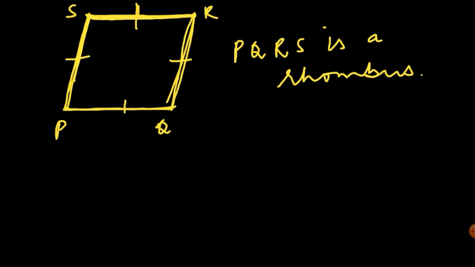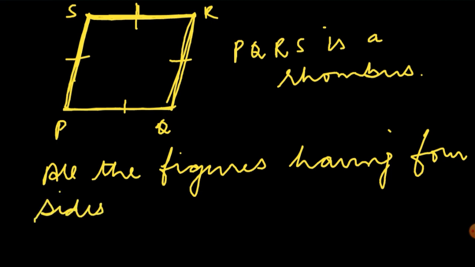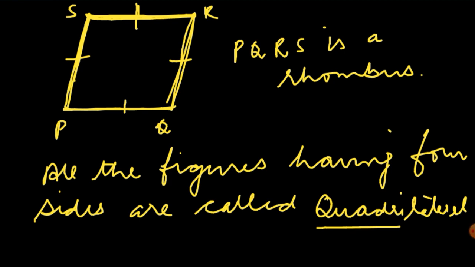So all those figures which have 4 sides are quadrilaterals. All the figures having 4 sides are called quadrilateral. Quadri means 4 sides. So I hope this is clear to you.